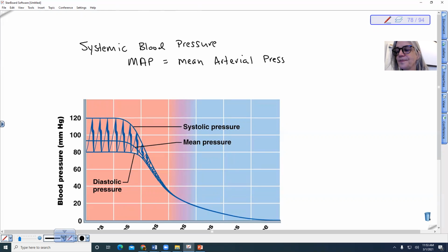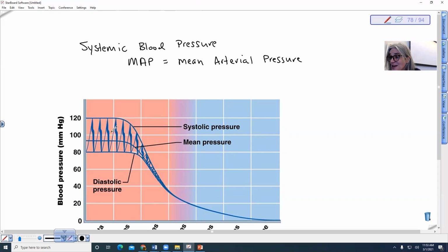Now, this is a little bit different to calculate than simply taking the mean of the systolic and the diastolic. You notice here that it is actually a little bit lower than what you would get if you were just adding systolic and diastolic together and dividing by 2. We'll talk about that, but that's what is shown here.